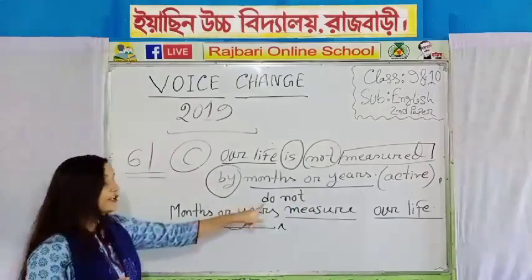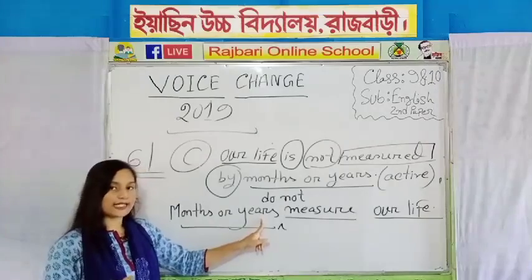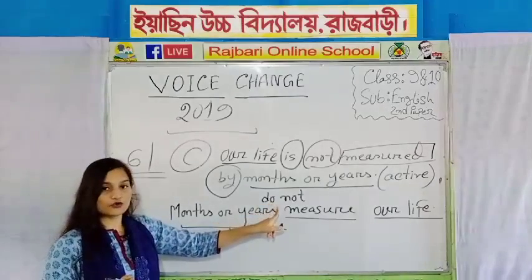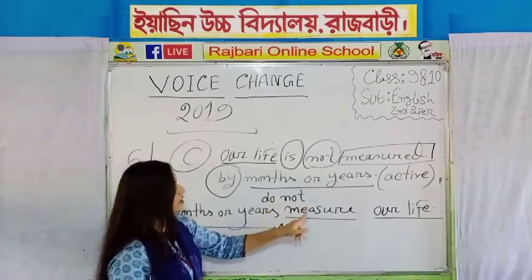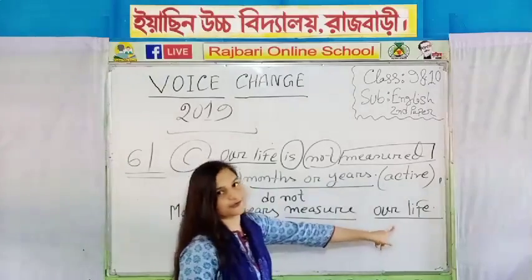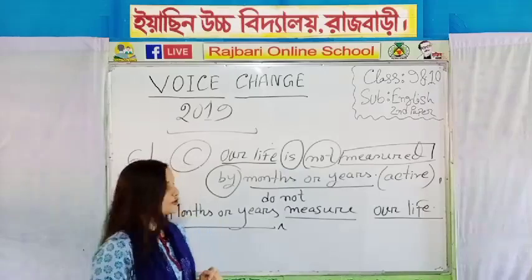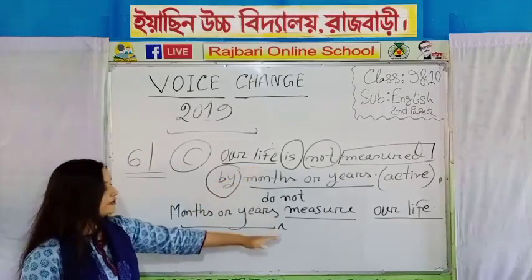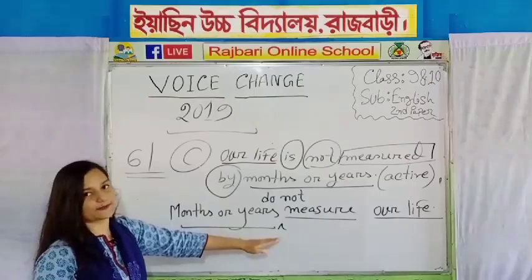Why do not? Because months or years is plural, and that is why here it is do not. So months or years do not measure our lives. See, we have already completed the question. From passive we have transferred the sentence into active voice.